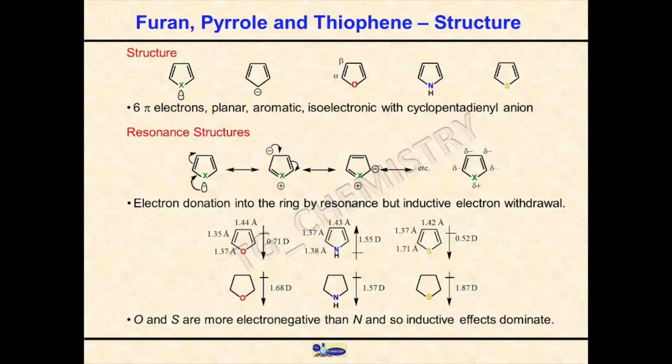In case of furan, the dipole moment is directed from the ring structure towards the oxygen atom, having a value of 0.71 D. In case of thiophene, it is similar to furan and the value is a little bit less, 0.52 D. However, in case of pyrrole, the direction of the dipole moment of the whole molecule is away from nitrogen and towards the ring carbon atoms, and the value is 1.55 D.